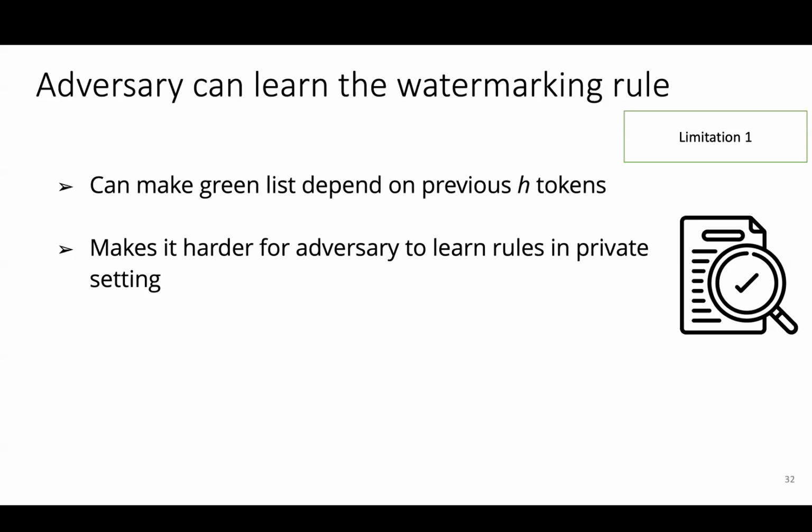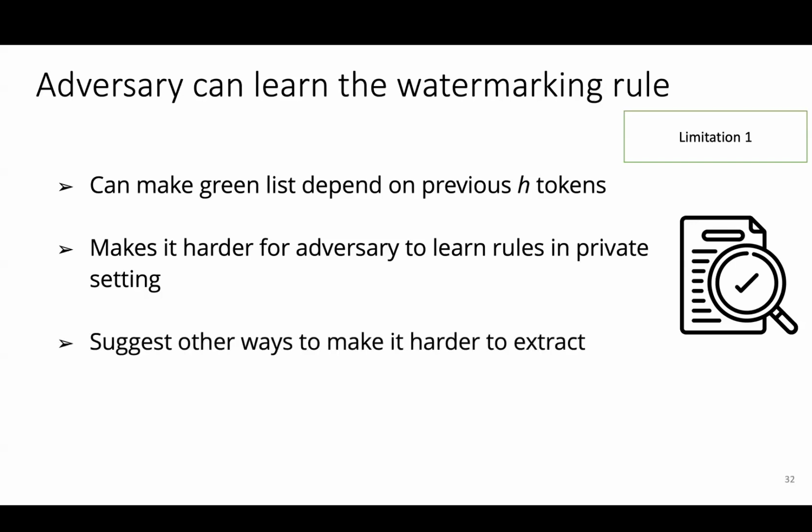They suggested some ways to avoid this. One way is to, rather than using 1 word, use the last H words in the pseudo-random function. So rather than just using the last word, say, couch, you use like the entire sentence or all these words. They suggested some other ways to make it harder as well. This mechanism has some complications because if the text is low entropy, then we run into troubles.